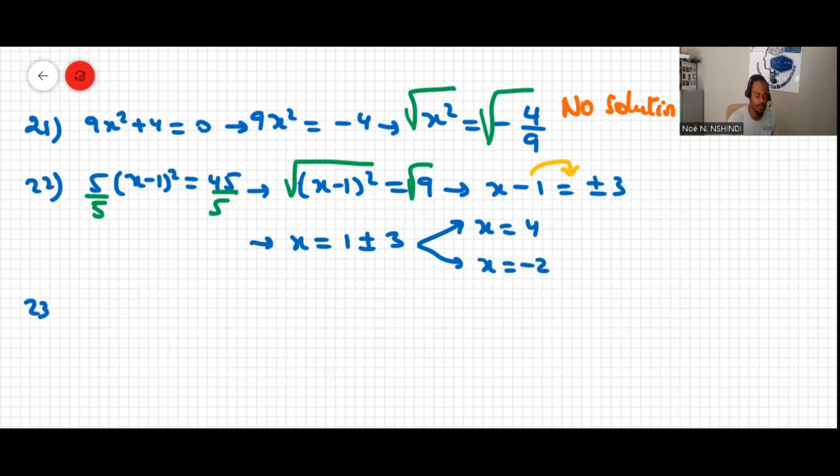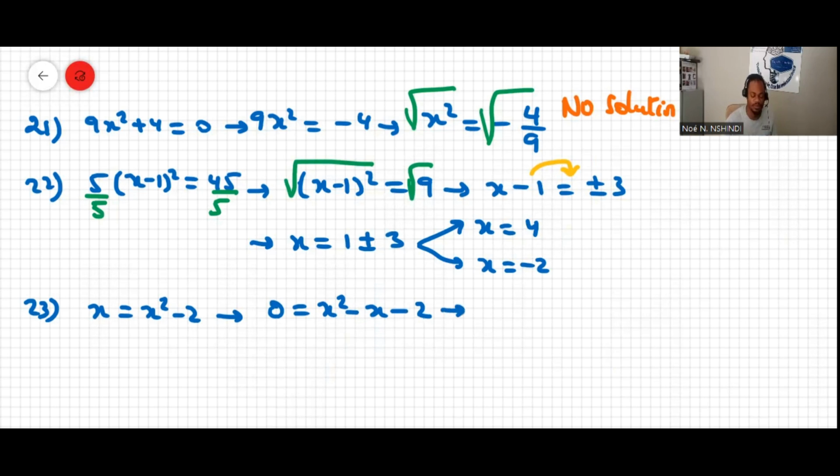And then question 23, it's x equal to x squared minus 2. So I prefer to move the x over. So this will be 0 equal to x squared minus x minus 2.